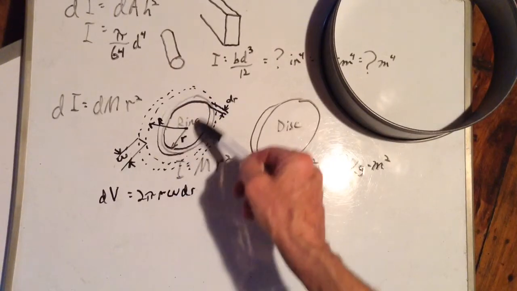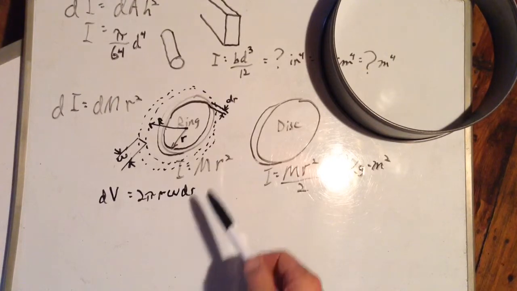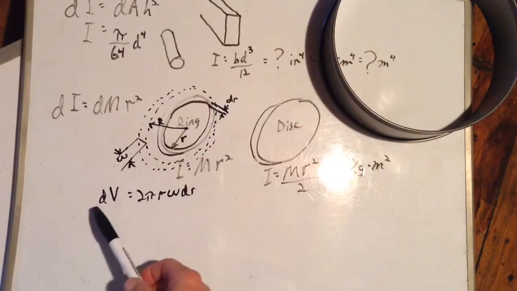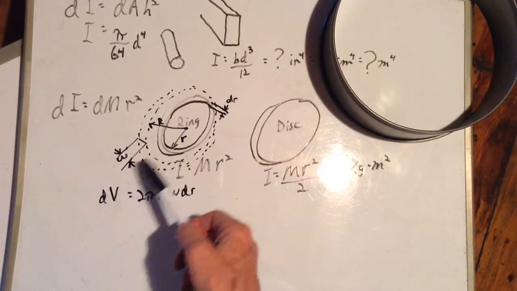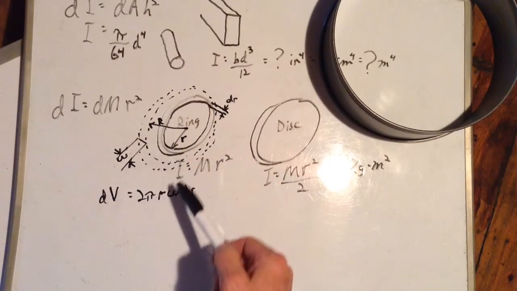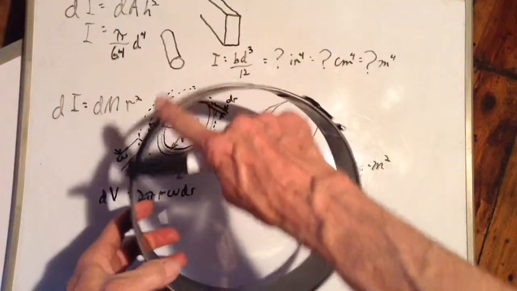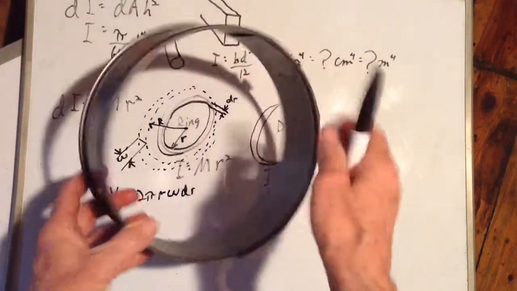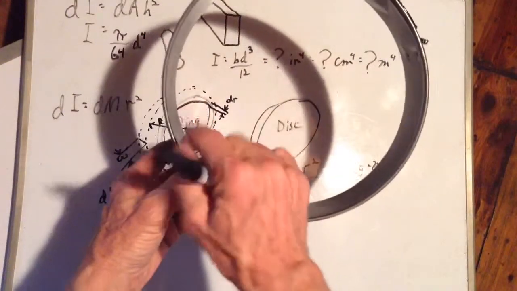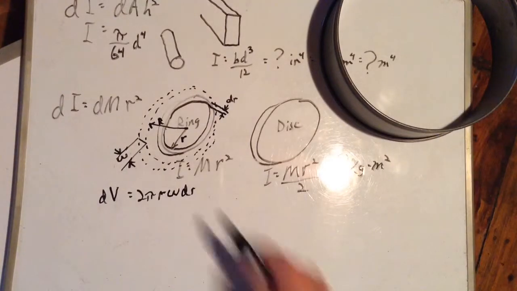It's a little teeny amount of volume because it involves dr, and dr is next to 0 in calculus. So our little teeny weeny increment of volume is equal to the circumference times the width times the thickness. Our circumference around there times our width from there to there times our thickness from there to there. That's our volume, dV, of this ring.